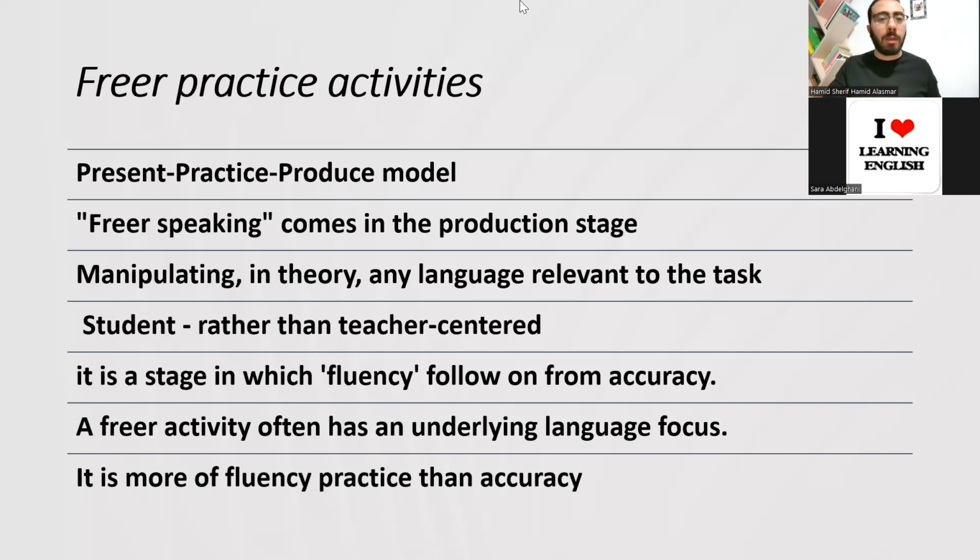Now, an example of this: if you're teaching, for example, the present simple in the presentation stage, and then in the controlled practice stage you have a fill in the gaps, for example, in which students need to complete with the verb, with s, es, etc. So maybe the freer practice could be something in which they describe their daily routine, something they do daily at work or yearly or weekly, depending on the context of your lesson.